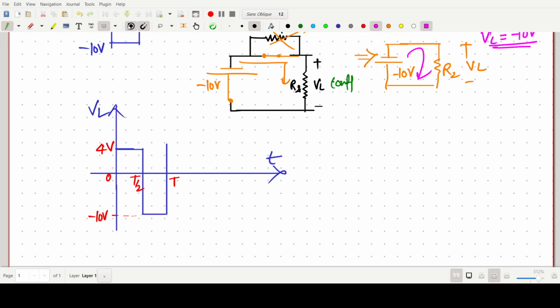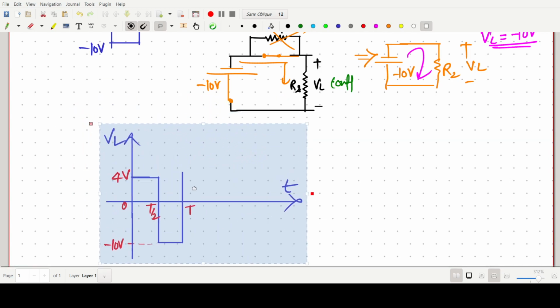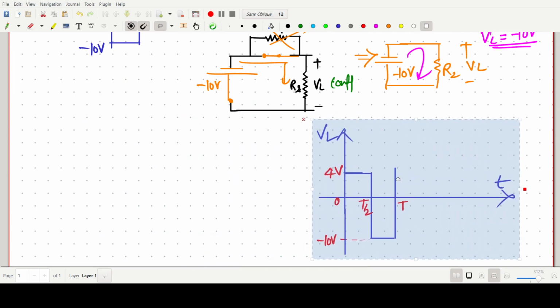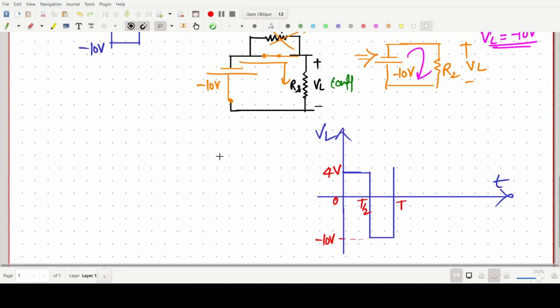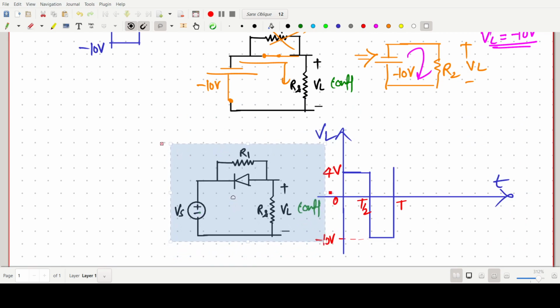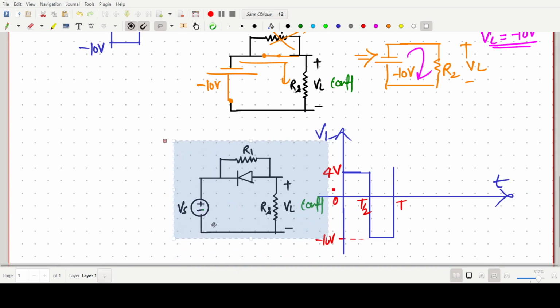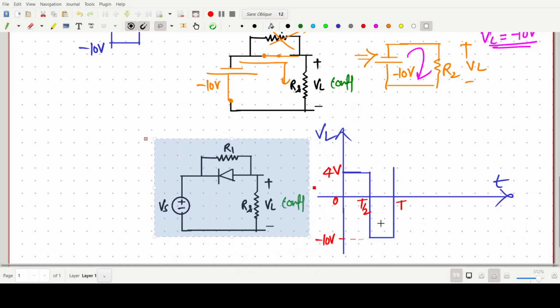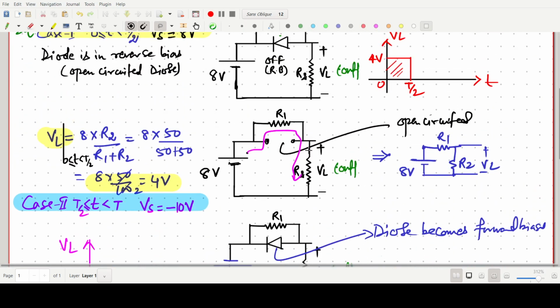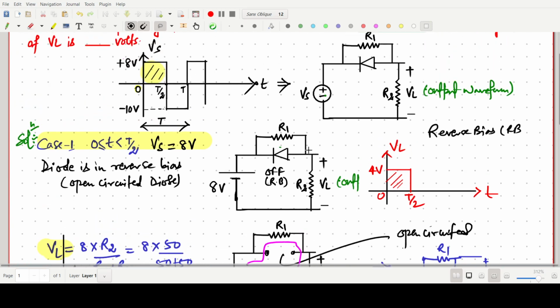Means what we have observed, wait for a minute. Okay, this one is the output, the main core of the circuit is this one. We are getting this as an output, and we are giving input like this.